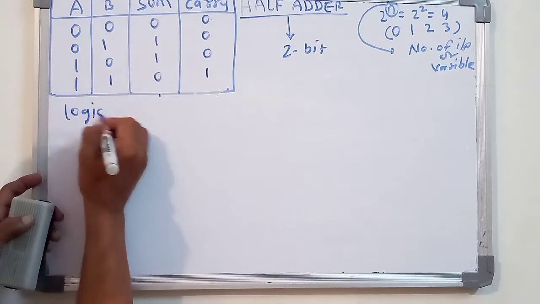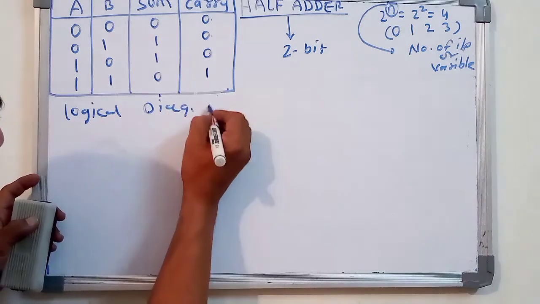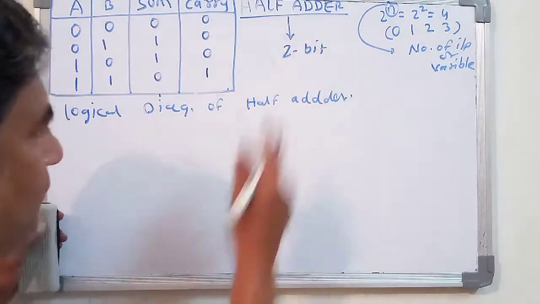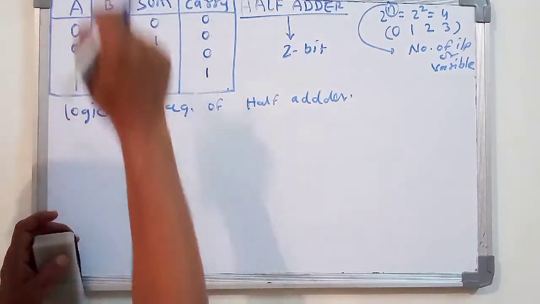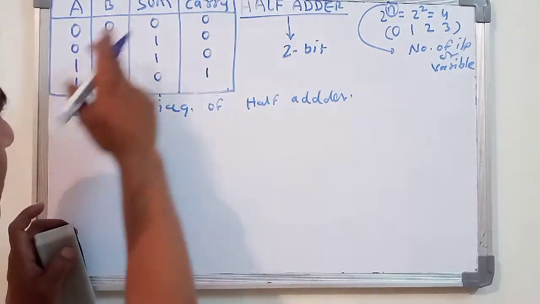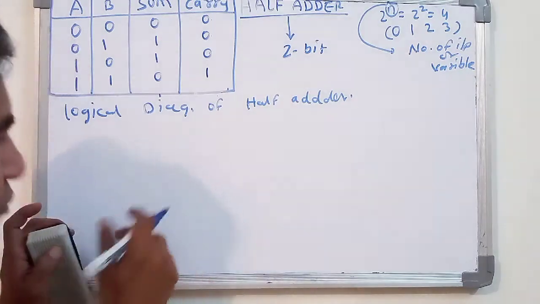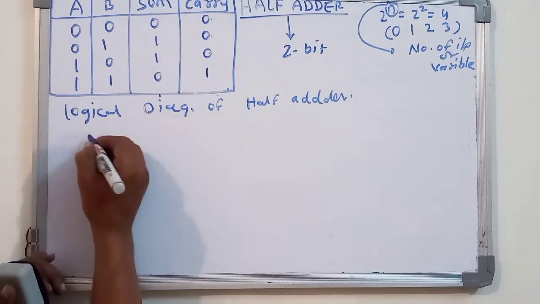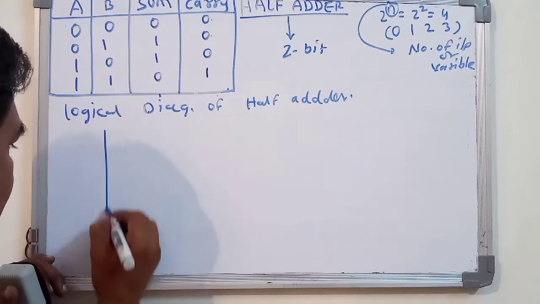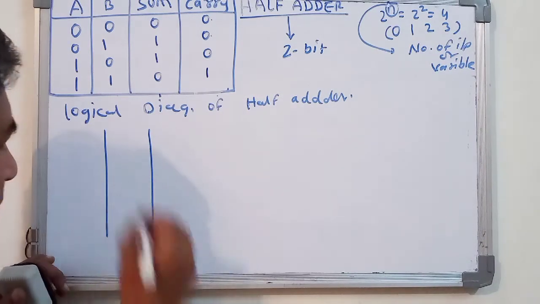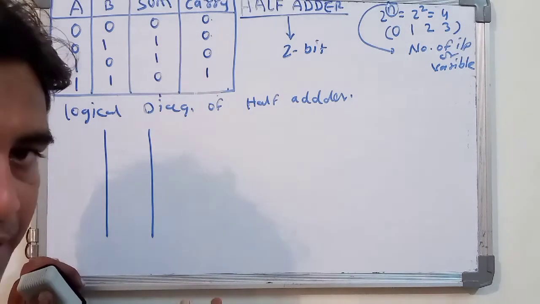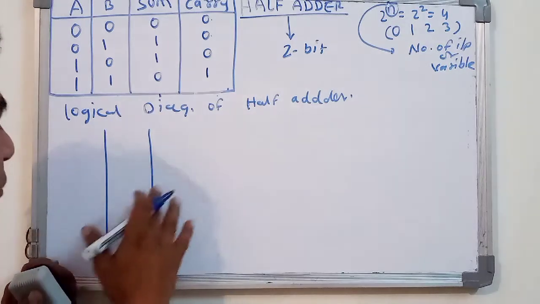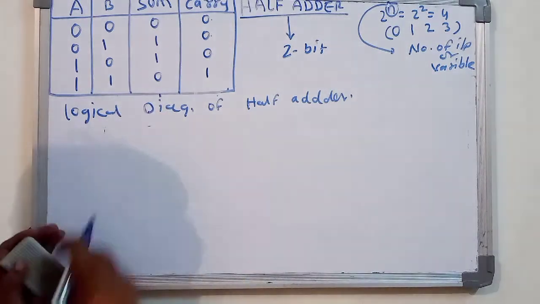The logical diagram of the half adder. Again, you may observe that two variables are there. From this table, we are designing the logical diagram, so you have the A value and the B value as before. As there is no inverter, you just draw it simply.